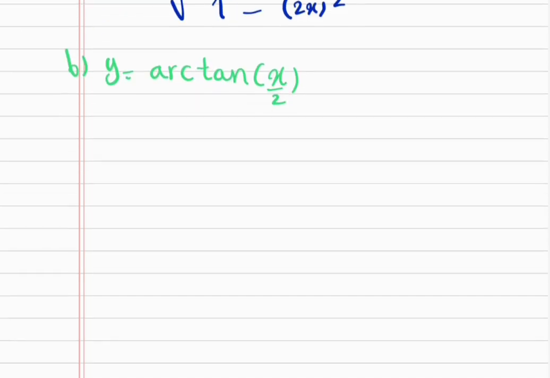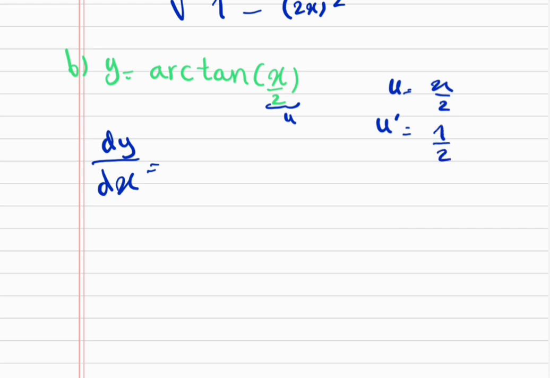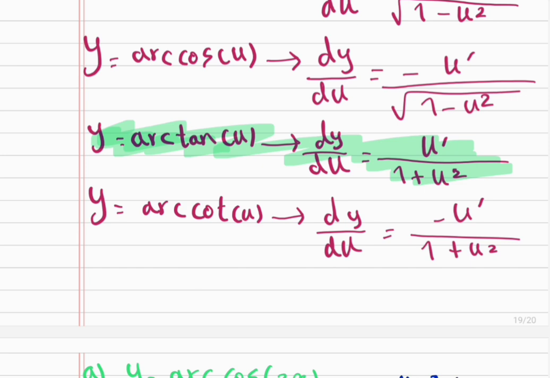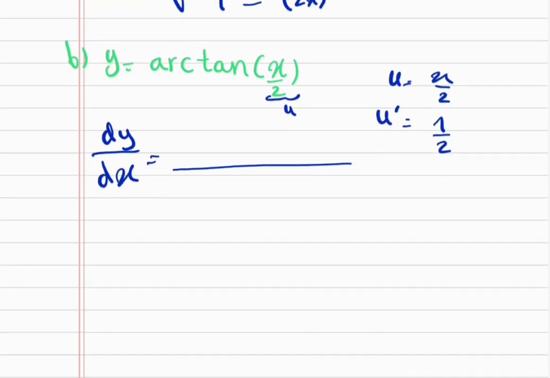Okay, part B. y is equal to arctan x over 2. Again, let's first find the derivative of u. u is equal to x over 2, so u dash is just a half. For the arctan of x over 2, we have u dash in the numerator, and the denominator is 1 plus u squared.